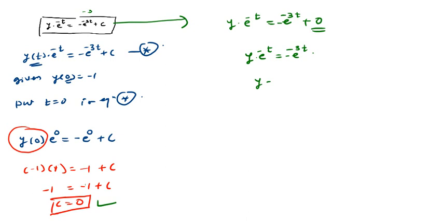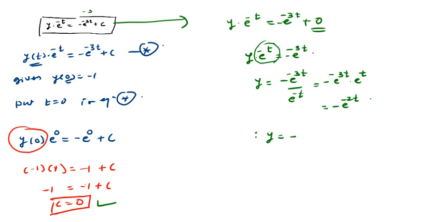This will be y equals minus e raised to minus 3t upon e raised to minus t. Taking this term to the denominator, it goes up as plus t, so minus e raised to minus 3 plus 1, which is minus 2t. So finally we get the value for y, which is our solution: minus e raised to minus 2t, and this is the final solution.